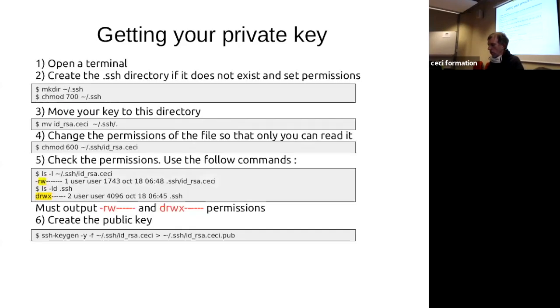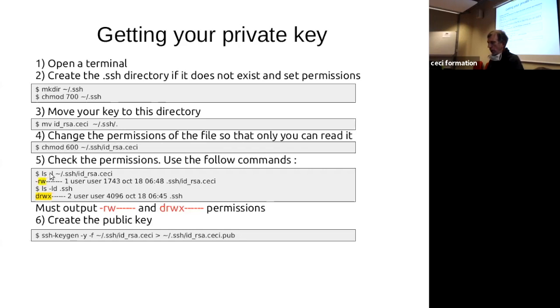So when you have your key, you have to create a .ssh directory if you don't have it already. Change its permission to read only for you, and move your private key, or identity file, to this folder. Change the permission of your private key to be sure that only you can access it.